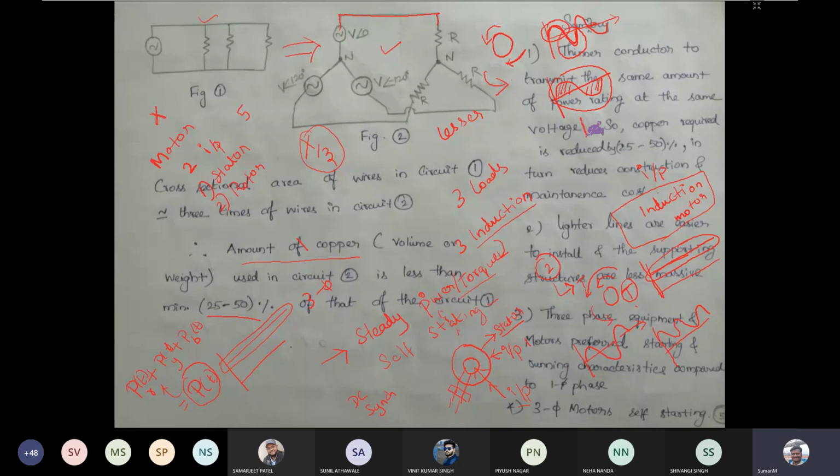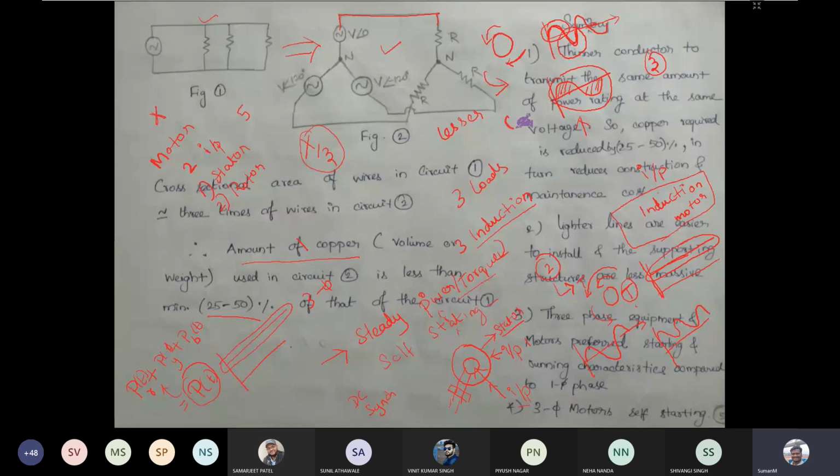This is applicable for a single-phase supply, so the rotor will never move. Whereas in a three-phase machine, if you give a three-phase supply to the stator, a torque is developed that is steady in nature.